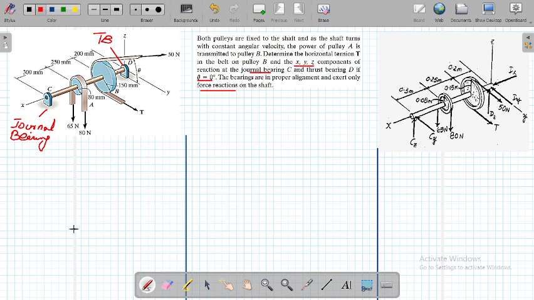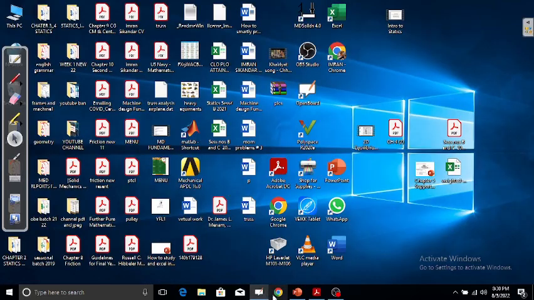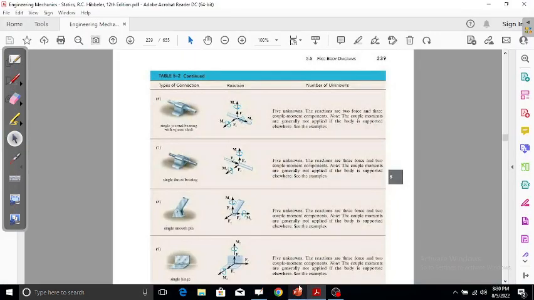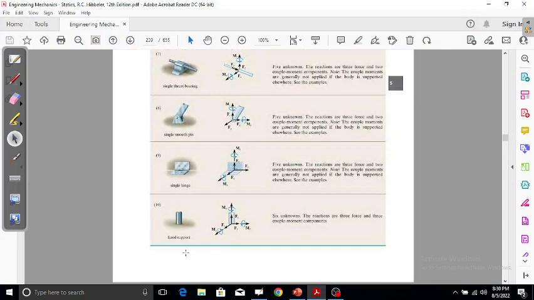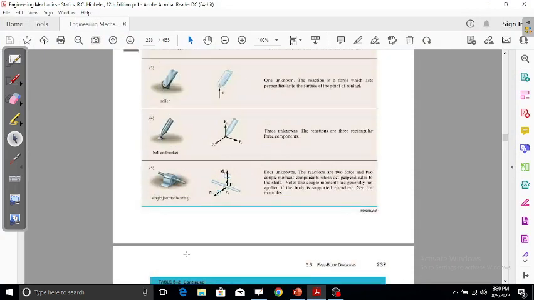Now you have to understand what reactions the journal bearing and the thrust bearing actually give in real life. If you go here, this is your journal bearing, and he says the journal bearing has 4 unknowns.